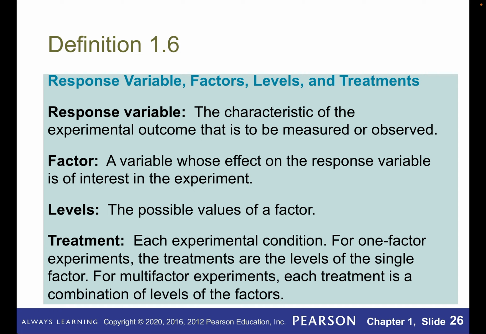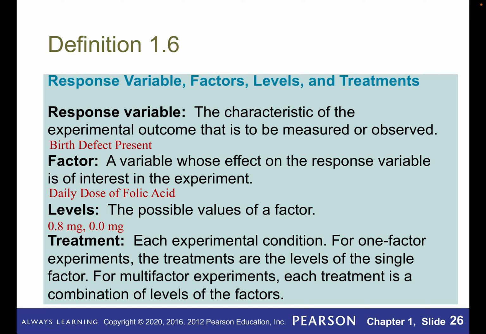The response would be whether or not the woman's child had birth defects, so whether birth defects were present. The factor here was the folic acid, essentially the daily dose of folic acid. Remember, the levels are the different amounts of the factor, or the different categories that constitute the factor.